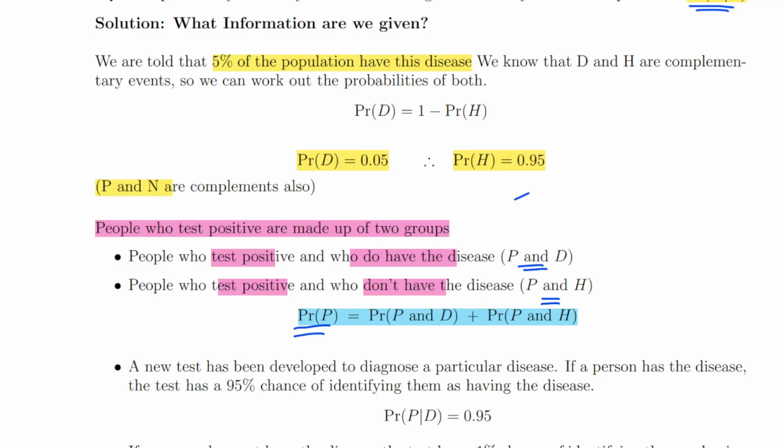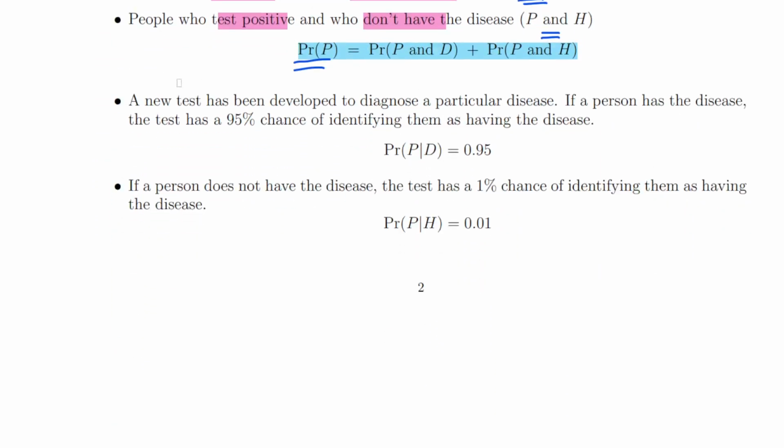Now, what pieces of information were we given? Let's go over them again. A new test has been developed to diagnose a particular disease. If the person has the disease, the test has a 95% chance of identifying them as having the disease. How will we state that using mathematical notation? That is a conditional probability.